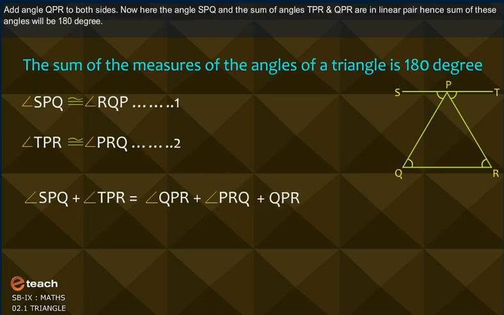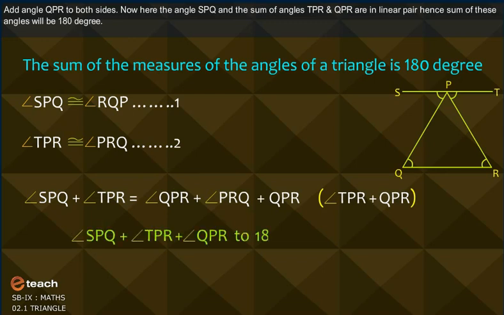Add angle QPR to both sides. Now here, the angle SPQ and the sum of angles TPR and angle QPR are in linear pair. Hence, sum of these angles will be 180 degree.